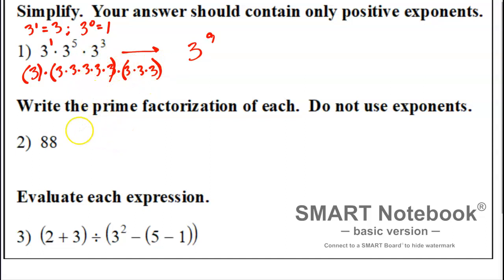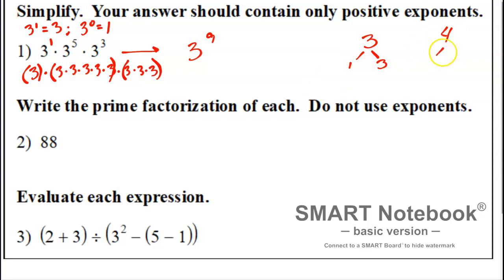All right, let's move on to write the prime factorization of each. So the factors, prime, are numbers that, for example, 3 can only be divided by 3 and 1, right? Is 4 prime? What do you guys think? Yes or no?